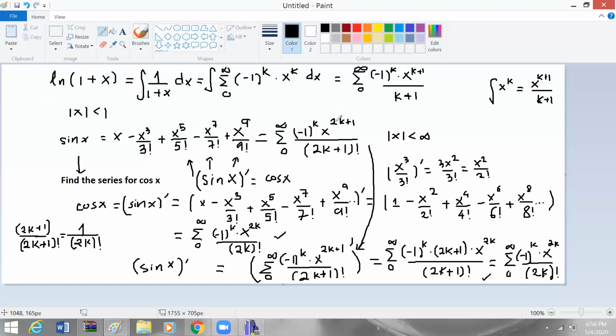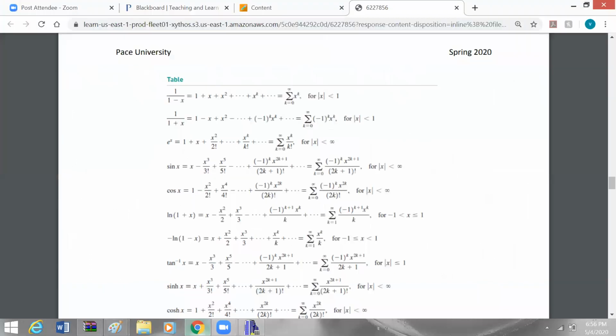Instead of x to the 2k plus 1, you're going to get x to the 2k. And we see that the power goes down by 1 for every term right here. And we have the same thing.